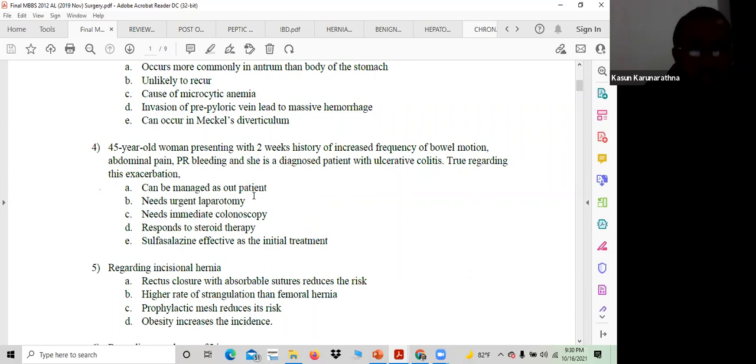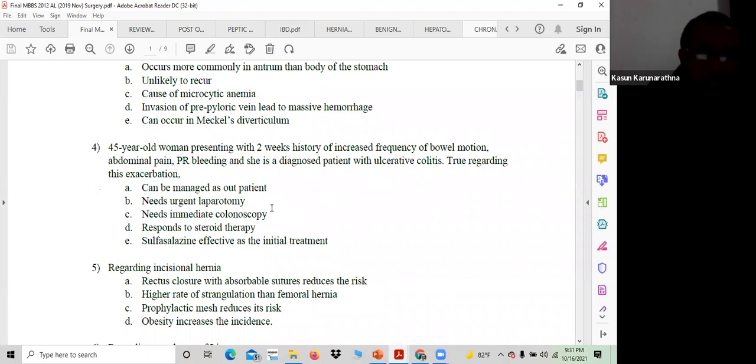Needs urgent laparotomy. It's false. The history doesn't suggest bowel perforation or peritonism, so there's no indication for laparotomy for now. Needs immediate colonoscopy. False, because you have a confirmed diagnosis, and the history is more suggestive of a relapse, so you don't have an indication for immediate colonoscopy.